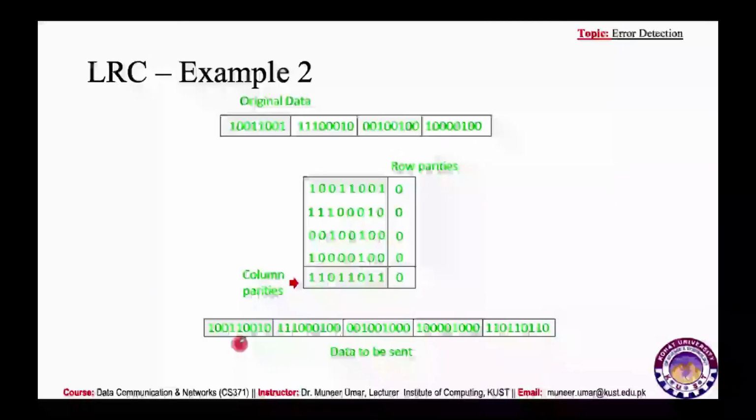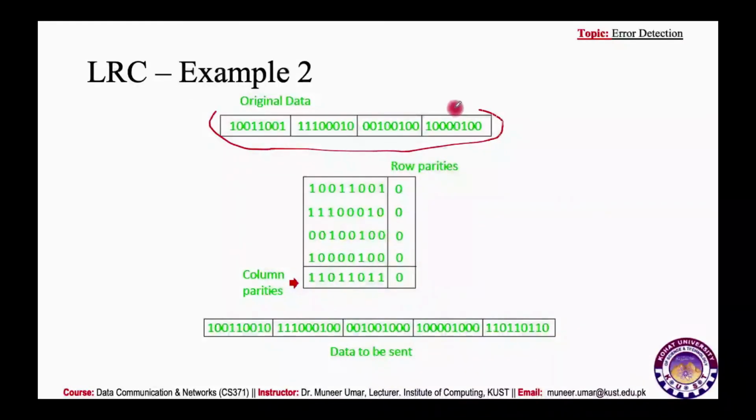So here let me show you this example. If you look into this, this data is supposed to be sent by the sender. So there are 4 bytes. So what happens for each column in these 4 bytes, or we can say for each bit in these bytes, we calculate a parity.